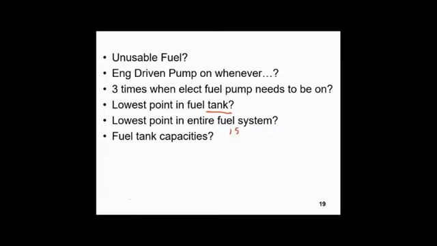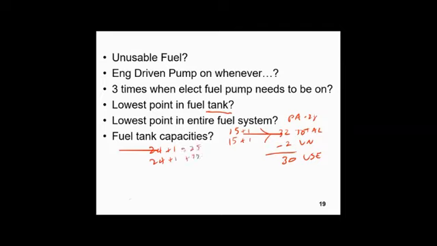We could call it 15 plus 1. 15 plus 1 equals 32 total, less 2 unusable equals 30 usable, or 24 plus 1, 24 plus 1, of course that's for PA28. For PA38, so we have 25 plus 25, that's 50 total, minus 2 unusable is 48 usable.